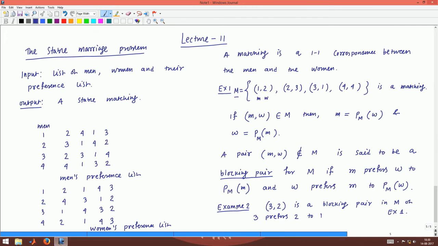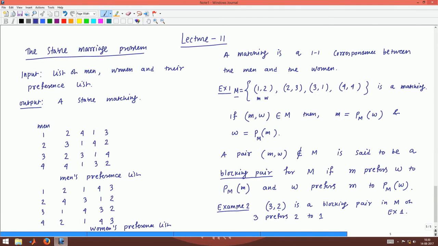From this list you can see that for man 3, woman 1 is the third preference and woman 2 is the first preference. So, man 3 prefers 2 more compared to 1.